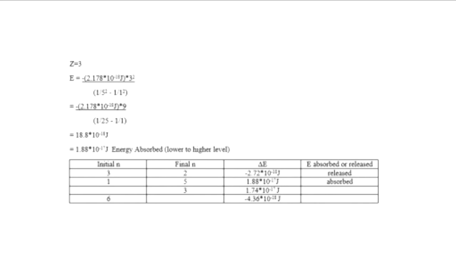We multiply everything, and then we put it into our calculator, and we calculate that it's 18.8 times 10 to the negative 18 joules, and because we like to put it into scientific notation, it's the same thing as 1.88 times 10 to the negative 17 joules. We know that this is energy absorbed because it's going from a lower to a higher level. And delta E is a positive number.